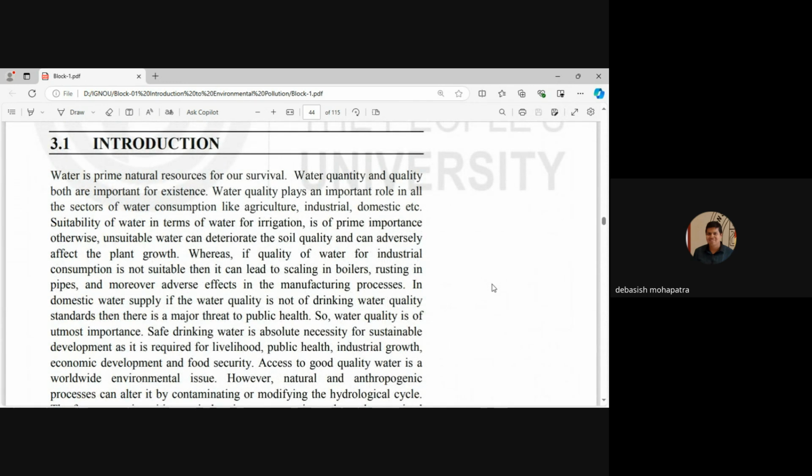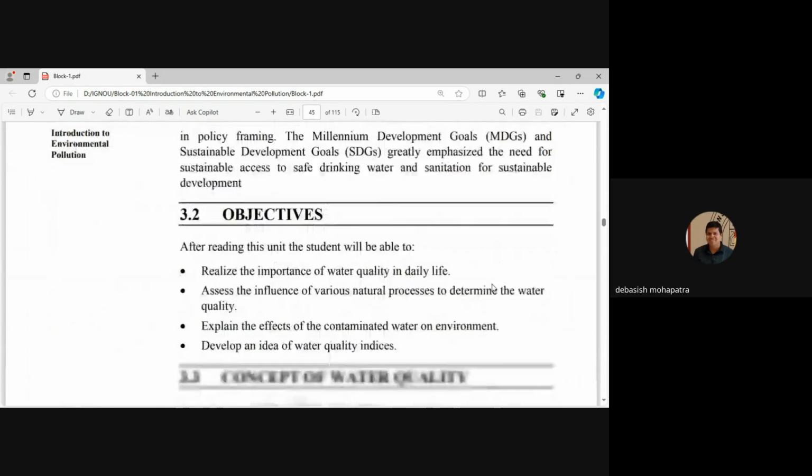So water, already you know, is a natural resource. How it is found in different forms, I have already discussed with you.